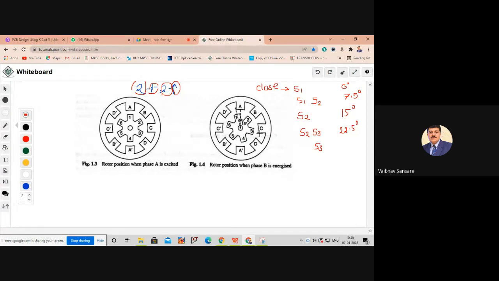As S3 is under closed condition, coil C dash is still energized. So rotor will try to move in counterclockwise direction so that teeth 3 and 6 are in alignment with C dash, and that will achieve 7.5 degree forward motion, with an angle of 30 degree.